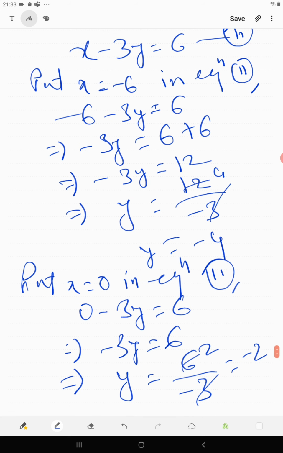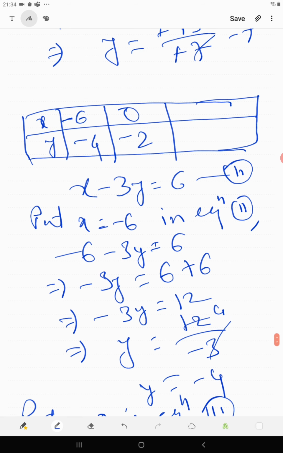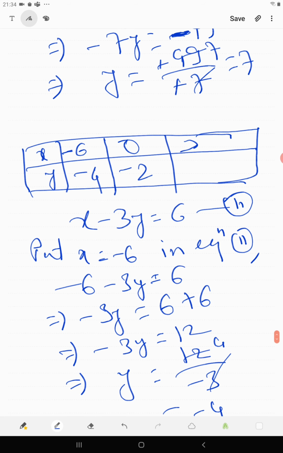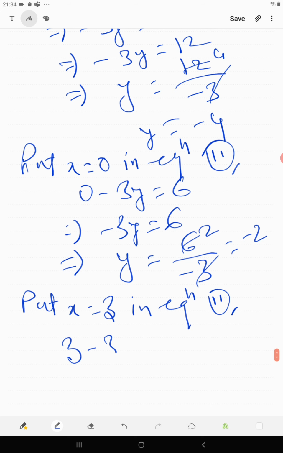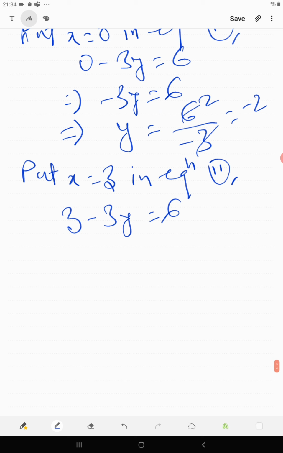Now take x as, suppose, 3. Put x equals 3 in equation 2. What we will get? 3 minus 3y equals 6. Correct? So 3 I need to take to the right hand side.